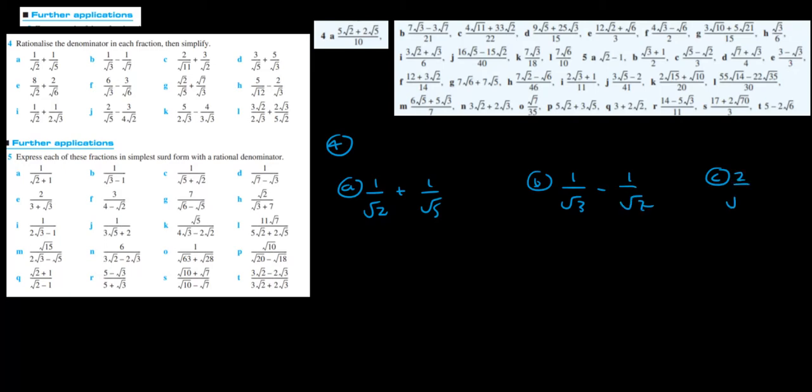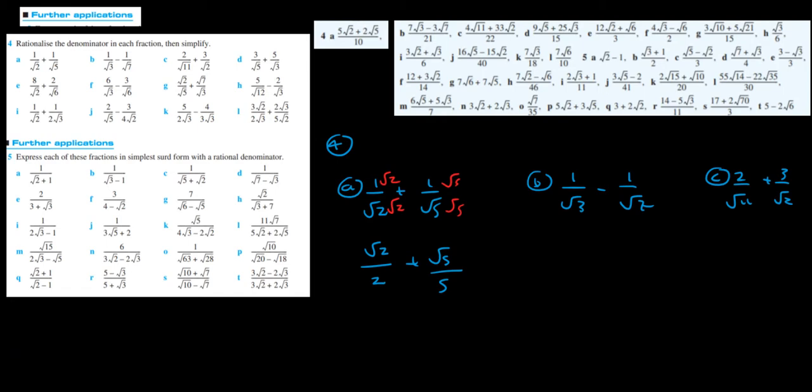Let's copy this down: plus 3 over root 2. Okay, so I'm just going to rationalize both of these to make life easier for us. So the next line is going to give root 2 over 2 plus root 5 over 5.